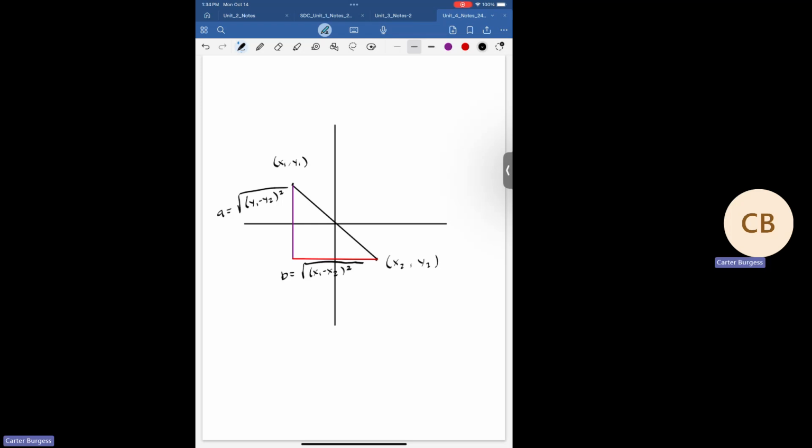And with our Pythagorean theorem, the idea that our distance squared is going to be equal to our a squared plus b squared, which in this case, our square root of y1 minus y2 squared, squared, plus our x displacement squared.